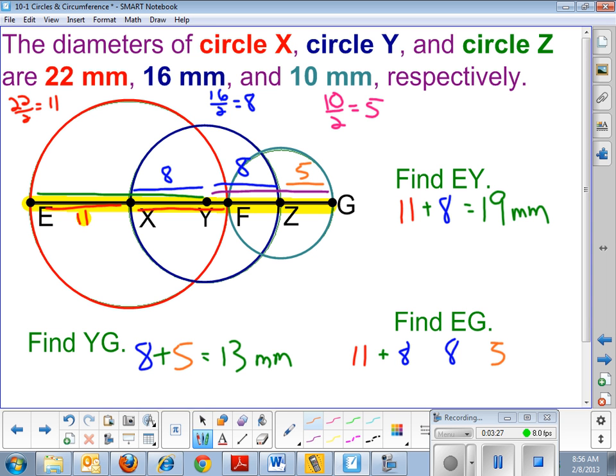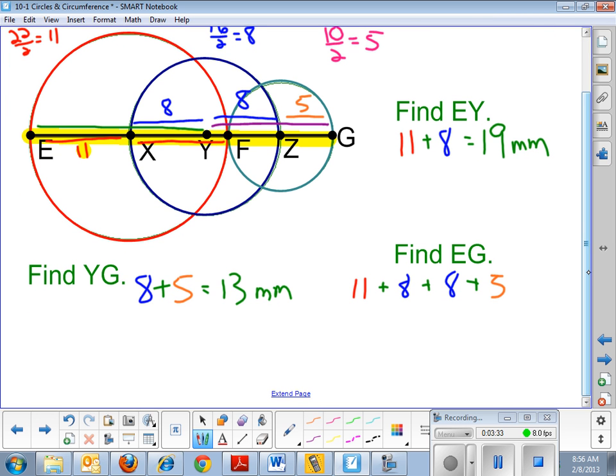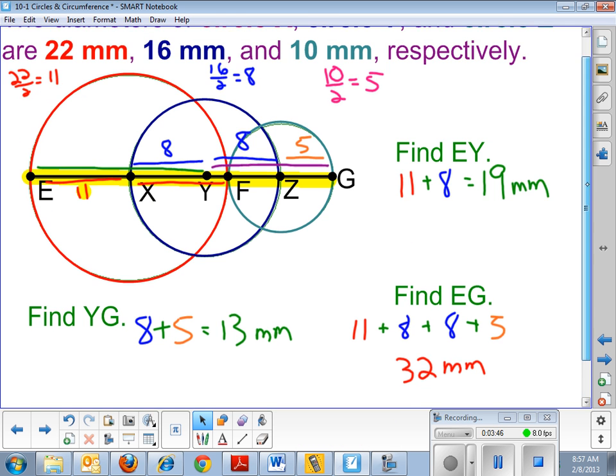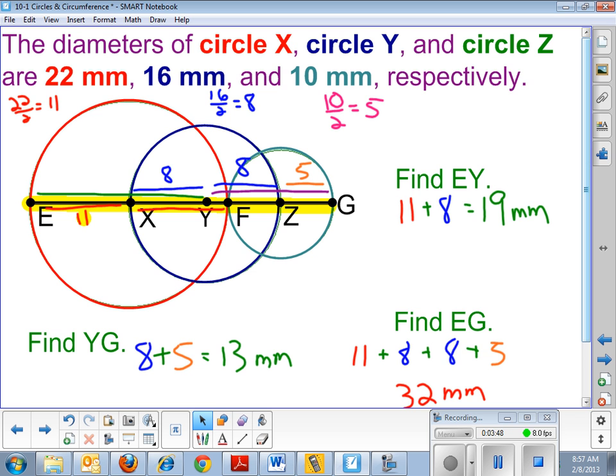Do my addition on this, and I'll have my answer for the length of segment EG. So I have 19 plus 8 is 27, plus 5 is 32 millimeters for the length of segment EG. And I found all those based off that picture and then the diameters that it gave to us.